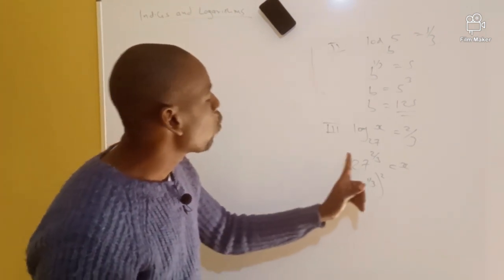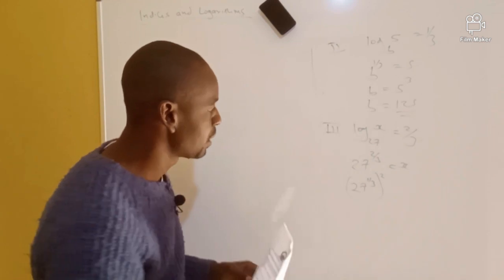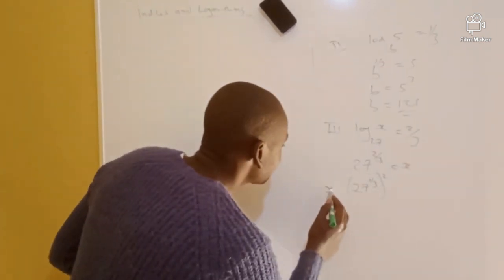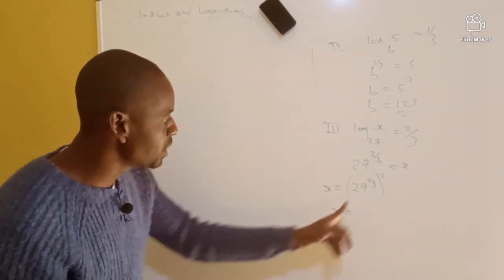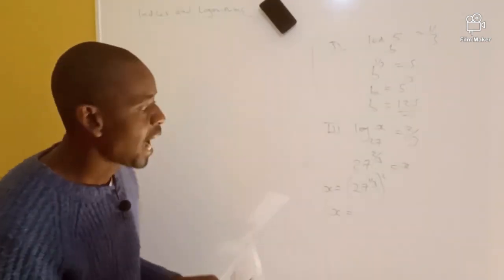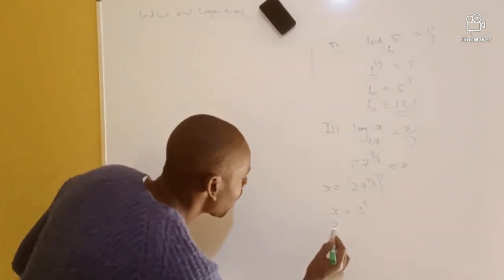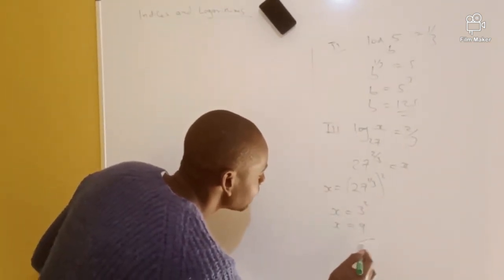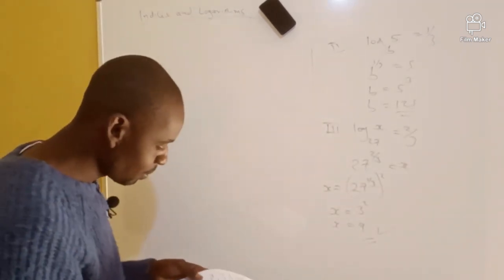Because if a number is raised to a third, it's the cube root of that number. So 27 raised to a third simply means the cube root of 27, and the cube root of 27 is 3. Then you raise it to 2. So x becomes 9, and that is our answer.